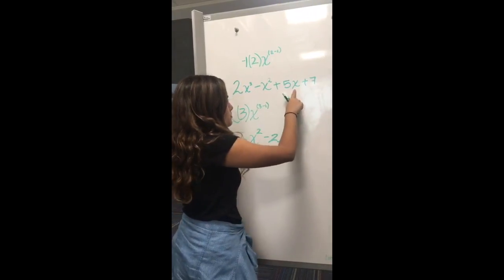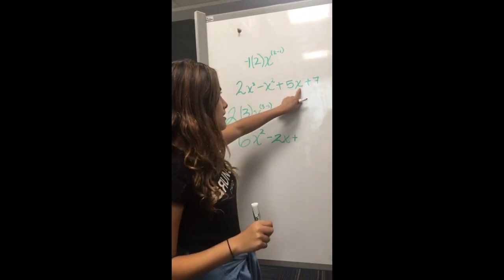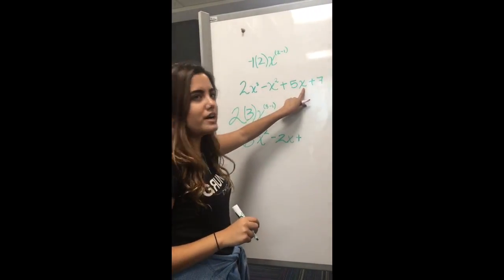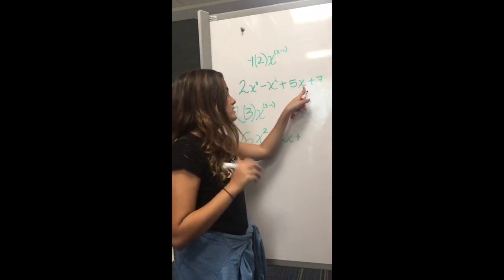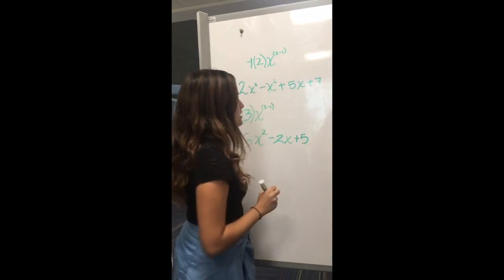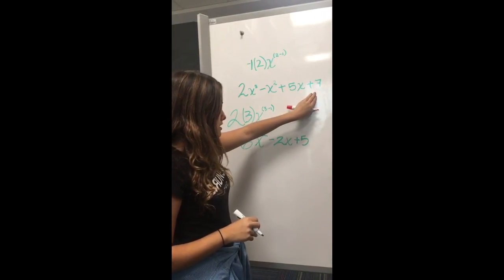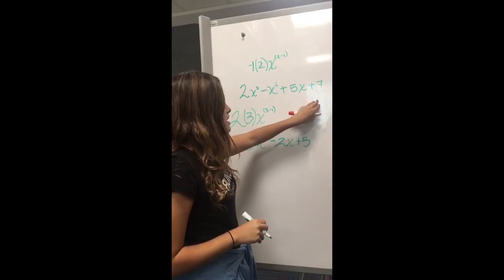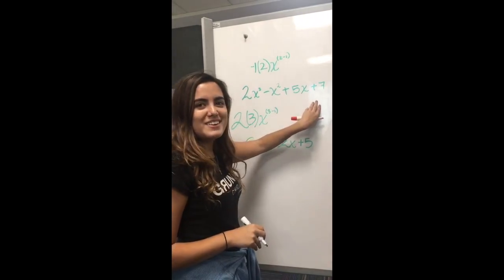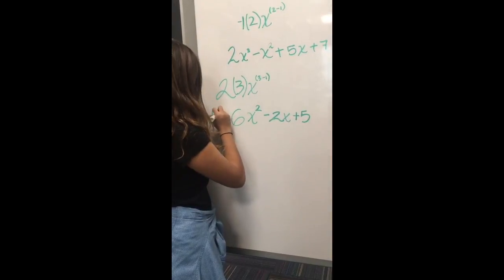And here, since the exponent of the variable is 1, 1 minus 1 is 0, so you only have to write the 5. And in here, you don't have to write it down because the derivative of a number is always 0. So this is going to be your answer.